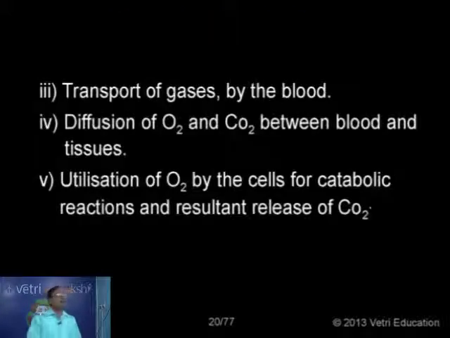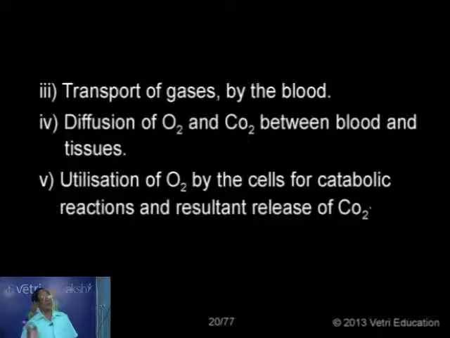Then, once the oxygen enters the blood, it is transported to different parts of the body. So, the transport of gases by the blood: oxygen is transported towards the body parts and carbon dioxide is transported towards the lungs for elimination.